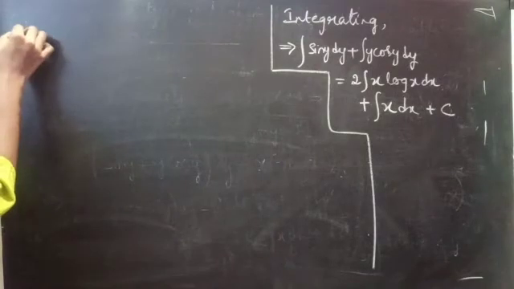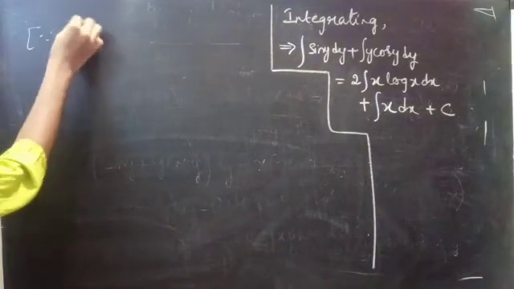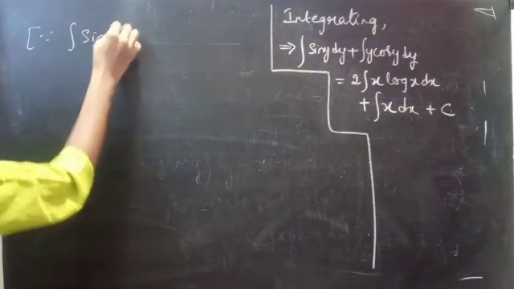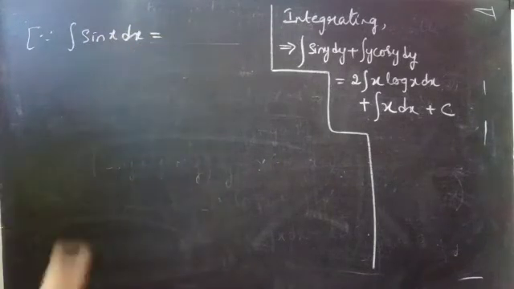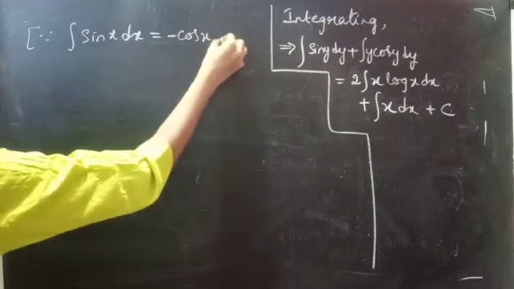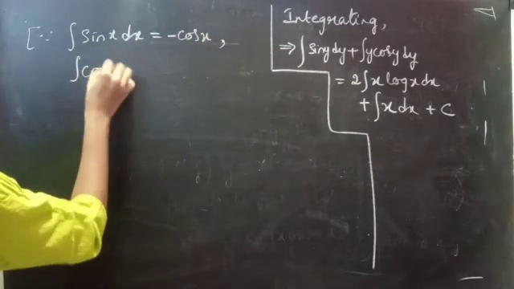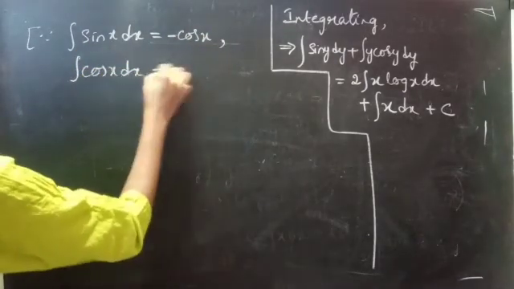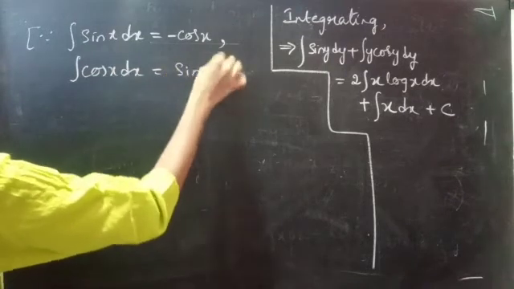Which implies, since we have integral sin x dx, the formula of integral sin x dx is minus cos x, and integral cos x dx is sin x. Okay.